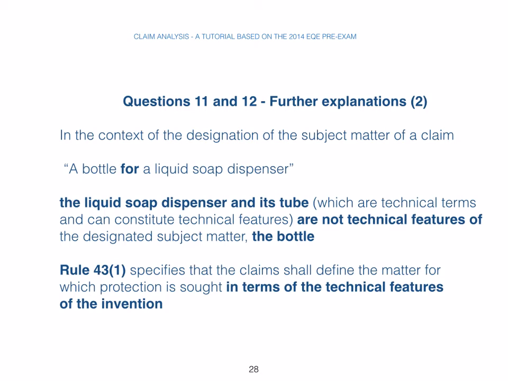And for this proposition, I would direct you to Rule 43.1 EPC, which specifies that the claims shall define the matter for which protection is sought in terms of the technical features of the invention, that is, the invention as set out in the designation of the claim at the beginning of the claim.